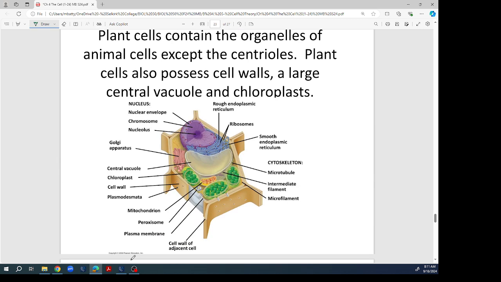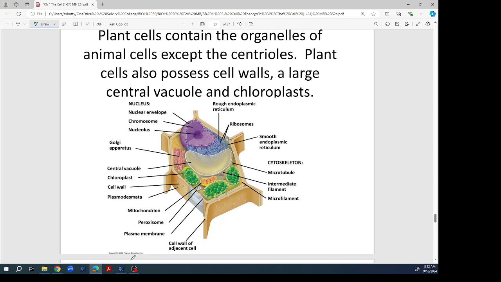The last slide here gives us a summary of the difference between plant cells and animal cells. Generally in your pre-reading, you're pretty good at summarizing those differences. We won't go through all of them, but when we do get to our botany chapters, we'll go back to these.